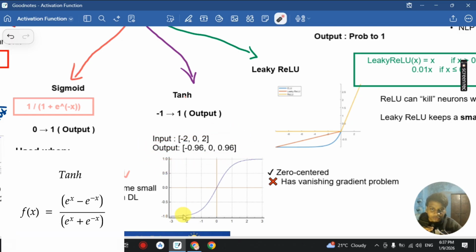If you see the graph, sigmoid works like this, but tanh goes from -1 to 1. It is zero-centered as the mean lies at 0 only. But it still has the vanishing gradient problem.